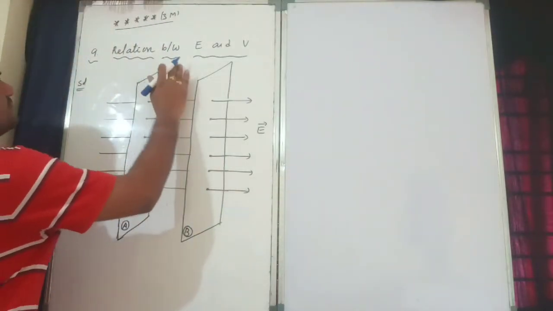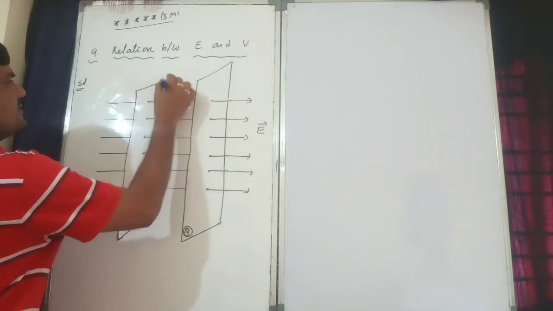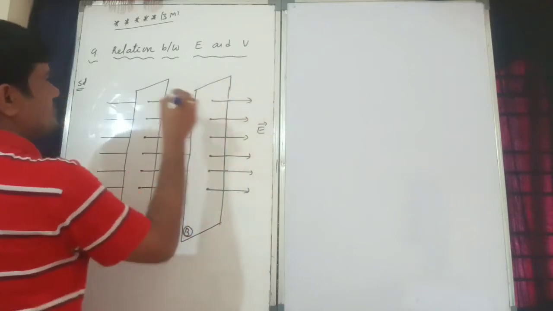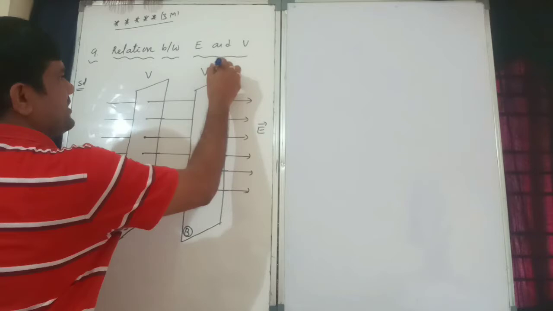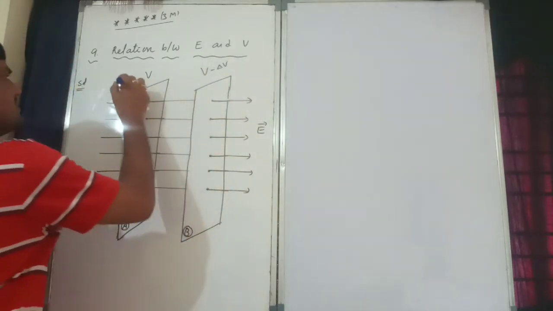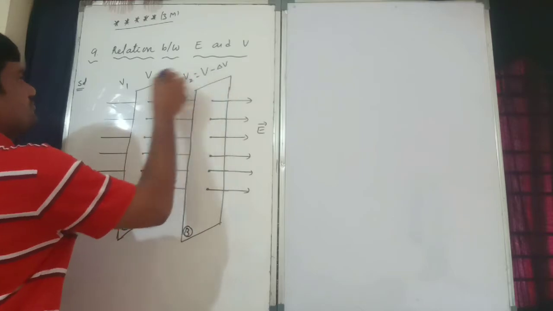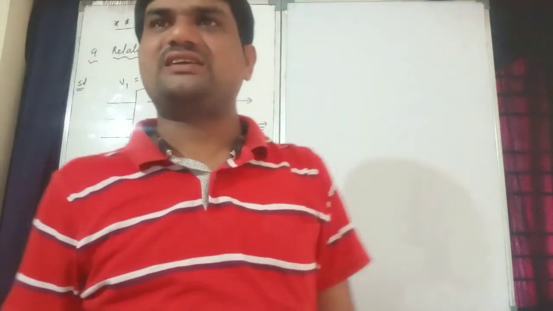This potential I will consider V, and this potential I will consider V minus delta V. V1 is equal to V, V2 is equal to V minus delta V.